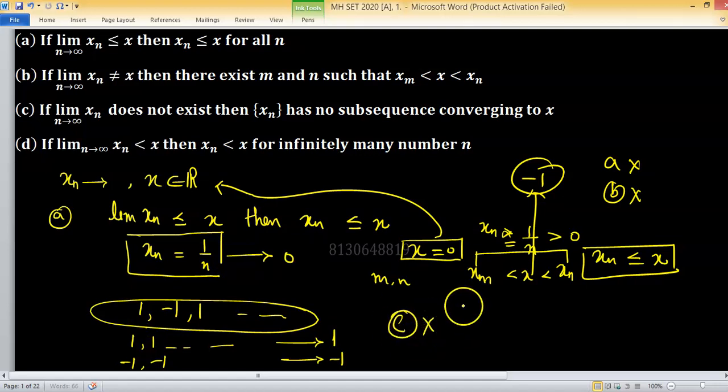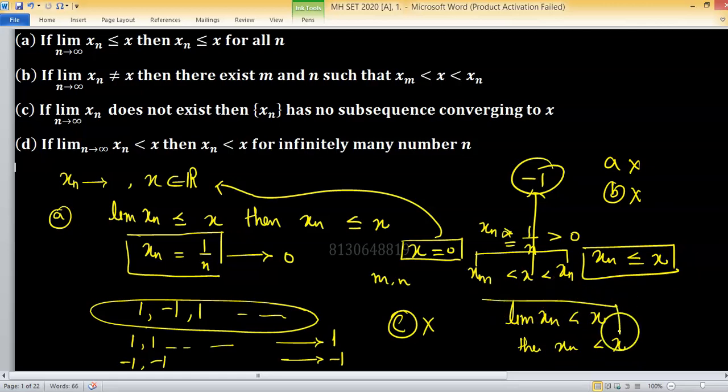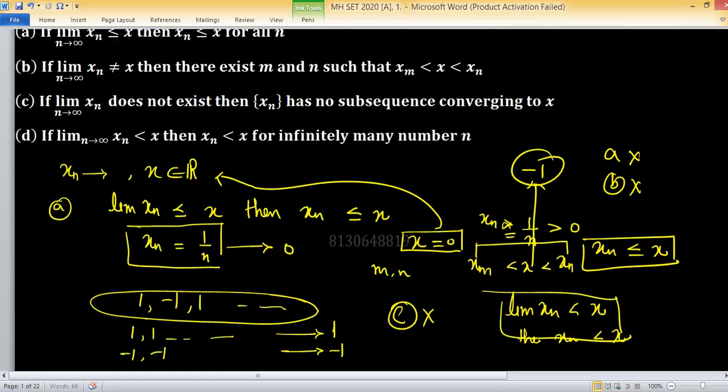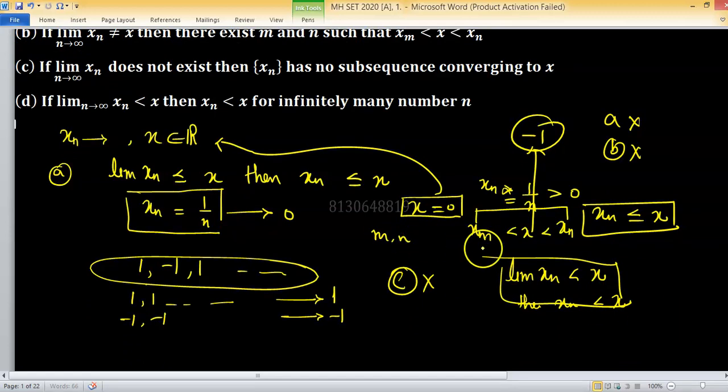Now statement D will be true because the other statements have been discarded. If the limit of xn is less than x, then xn is less than x for infinitely many n, not all. Keep in mind, not all. How can you say for all?